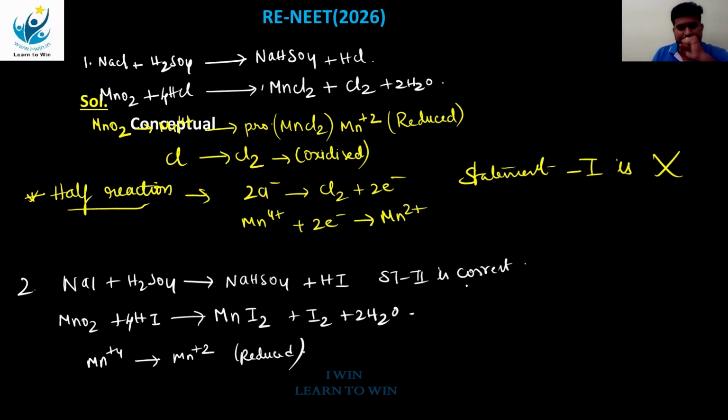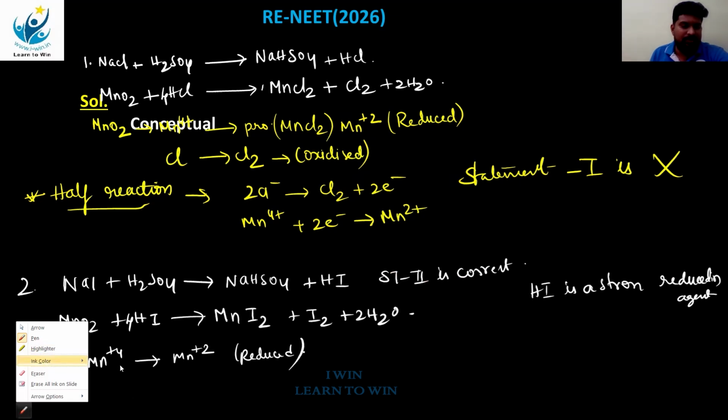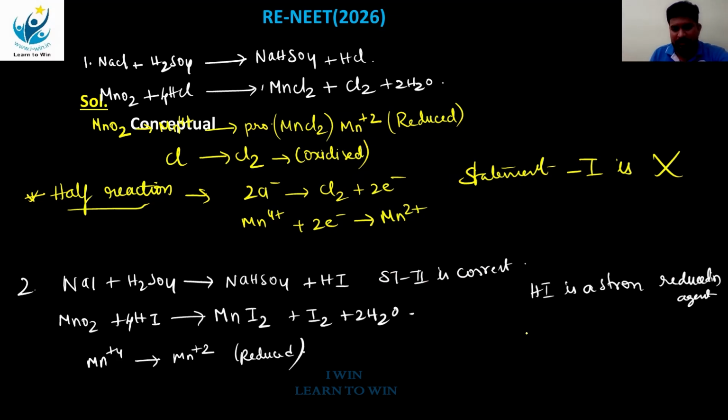Now, HI is a strong reducing agent. How can this happen? If you look at the periodic table properties, as we go down the group, the reducing property of the halogens increases.